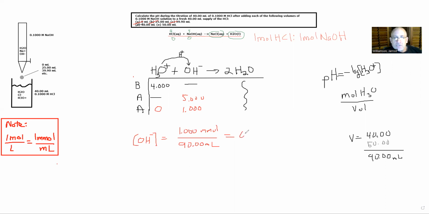And I'm going to get 0.01111 millimoles per milliliter, which is 0.01111 molarity. pOH will be minus log of that, gives me a 1.9542.